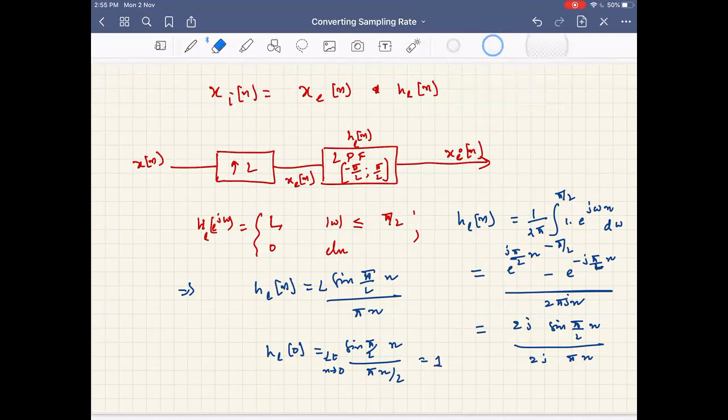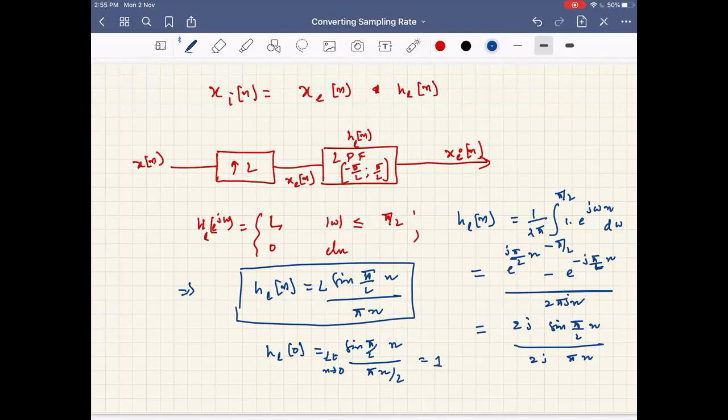Okay, let us expand this in the next slide. So you can see now x_i of n is obtained by convolution of x_e of n and the low pass filter h_L of n. Okay, so this we will use in the next page to write what is x_i of n explicitly.